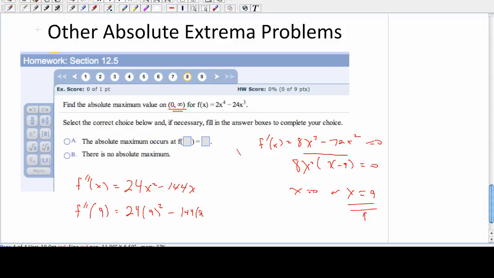And you can check that on your calculator, but the point is that that is a positive value. So therefore, the function actually has an upward concave shape at x equals 9, and it's horizontal. So we know the graph is horizontal, and it has a concave up shape.